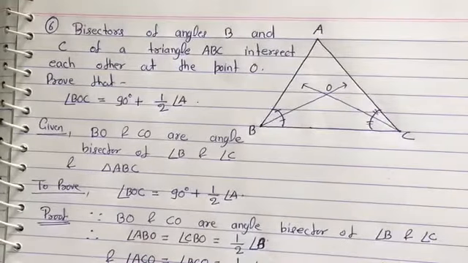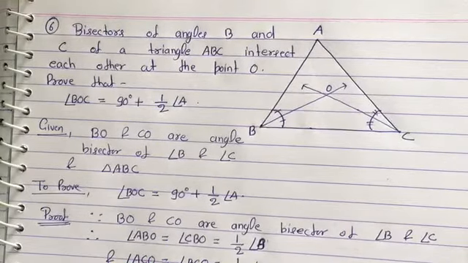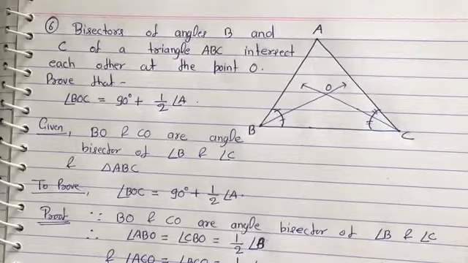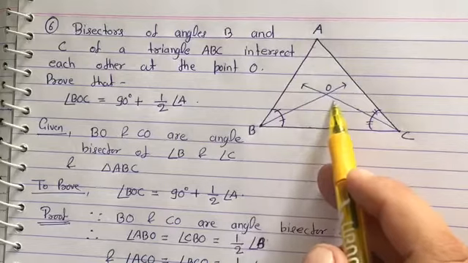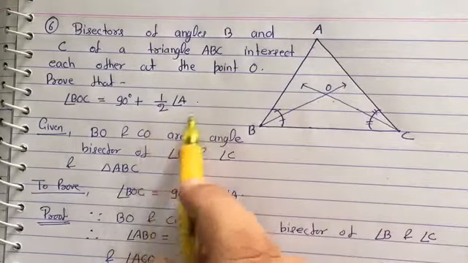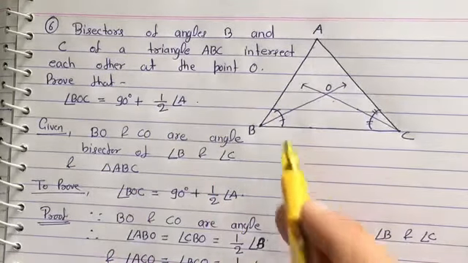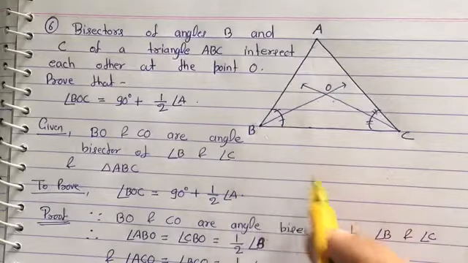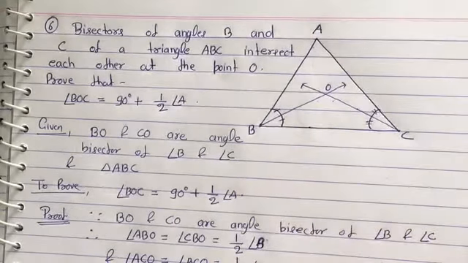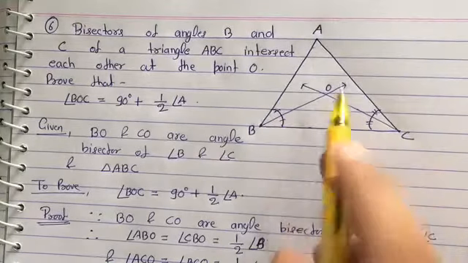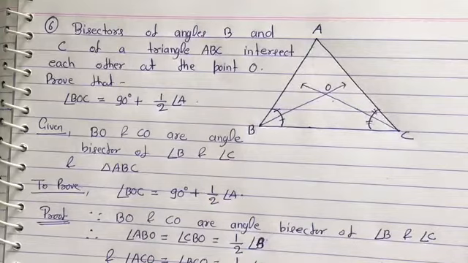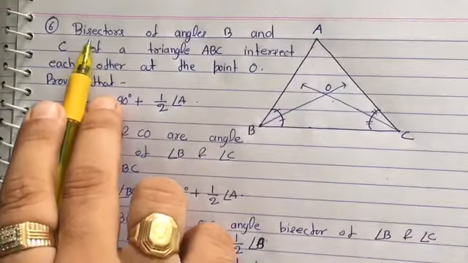As we did example number 8 just before exercise 6.3, there we proved that angle BOC is equal to 90 minus half angle A, but that time BO and CO were external bisectors, but now this time BO and CO are internal bisectors. Okay, so first of all read the question.